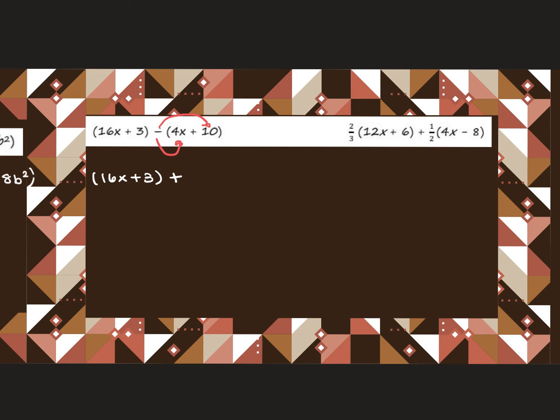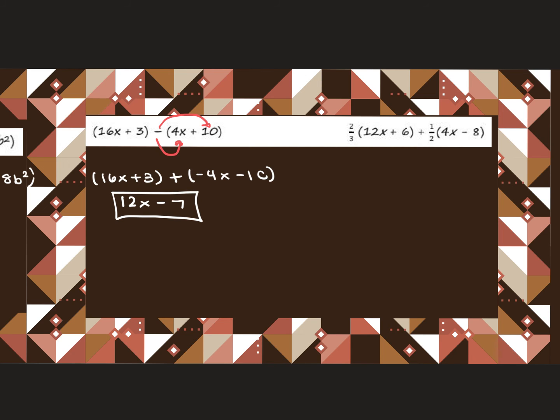Instead of subtracting, I'm going to add, and I have negative 4x minus 10. Again, you can keep that subtraction there and go ahead like it is, but it's a little bit more helpful for me to distribute that negative, but you do not have to. So I have 16x plus a negative 4x, which gives me 12x, and I have 3 plus a negative 10, which gives me a negative 7.